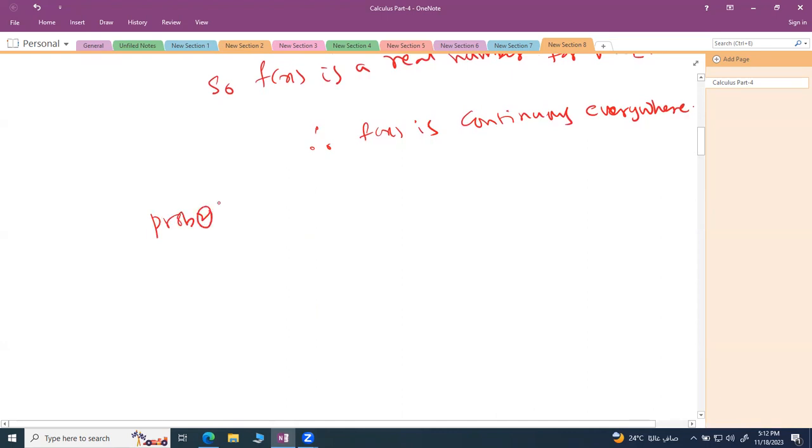Problem 2. f of x equal to 3x plus 2 divided by x square minus 4.